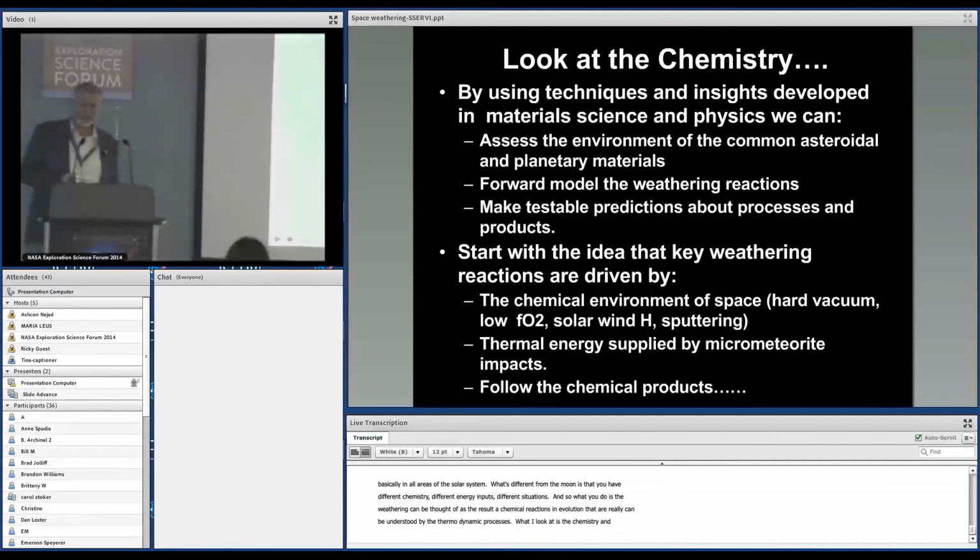What you can do is take the techniques and insights developed by materials science and physics and try to assess the environment that the common asteroidal and planetary materials find themselves in, and forward model these weathering reactions. What you get out are testable predictions about processes and products.